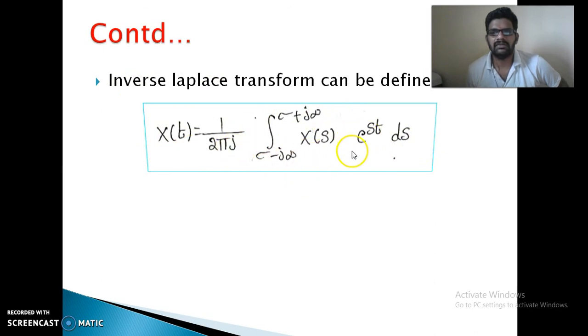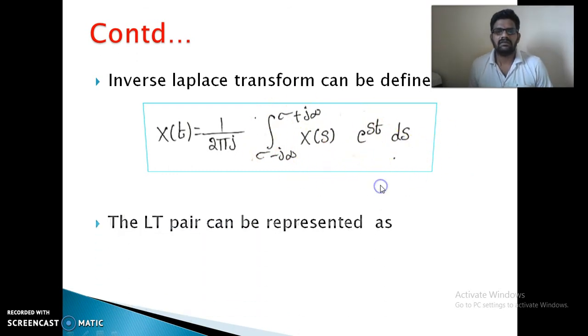This formula we usually will not use to calculate the inverse Laplace transform, but we will use long division methods or the reverse method. We convert the function into standard form and then find the inverse Laplace transform. This is the definition of inverse Laplace transform.